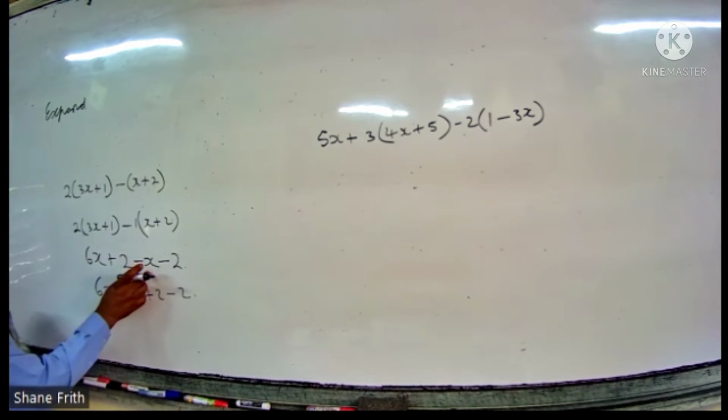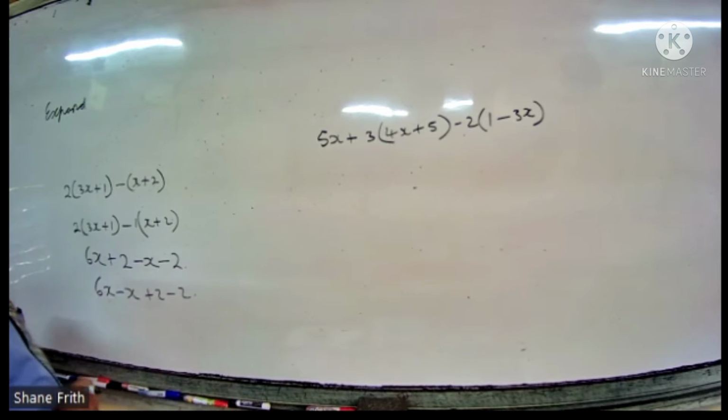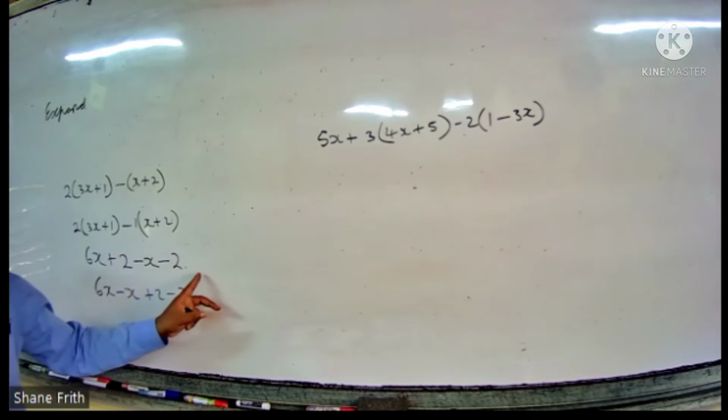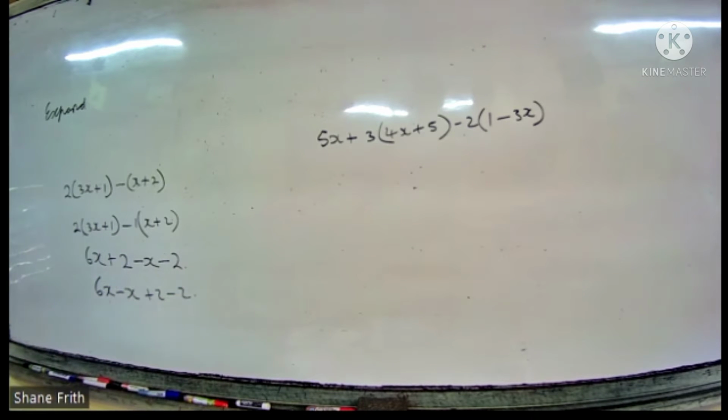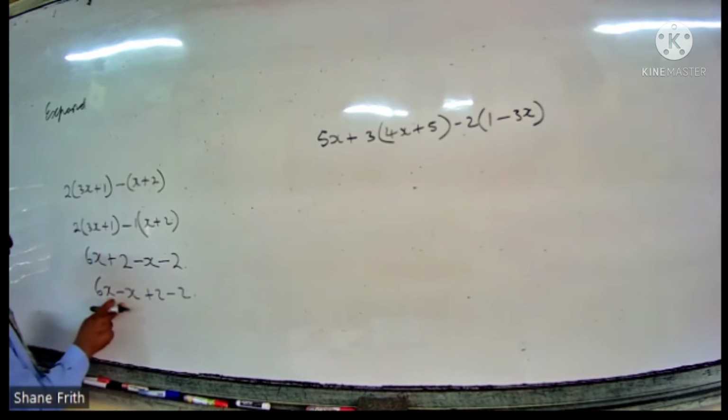So when I move the minus x from here, it still remains as a minus x because I'm not transposing. I'm not taking anything over on the other side because there's no equal sign, right? It's an expression that we are dealing with. All right. So I just regroup the terms so I don't have to change the sign here.